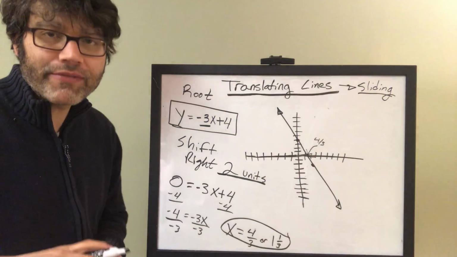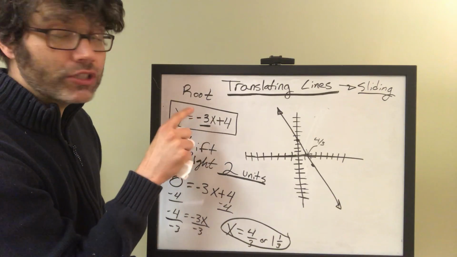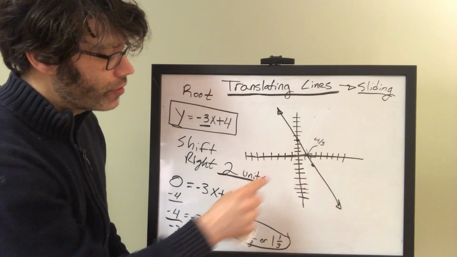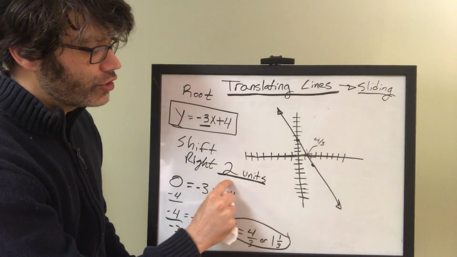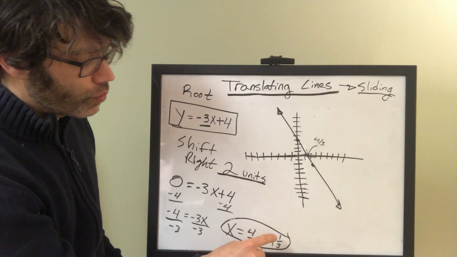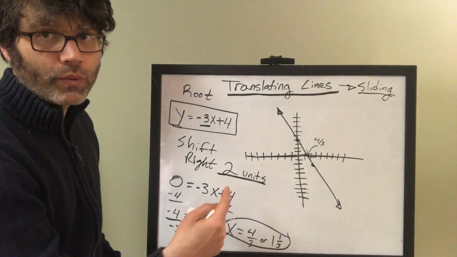Okay, now that we have that information, we know that our new line is going to have the same slope, -3, but instead of going through 4/3, it's going to go through something that's 2 units to the right of 4/3. So if 4/3 is 1 1/3, then 2 units to the right would be 3 1/3.